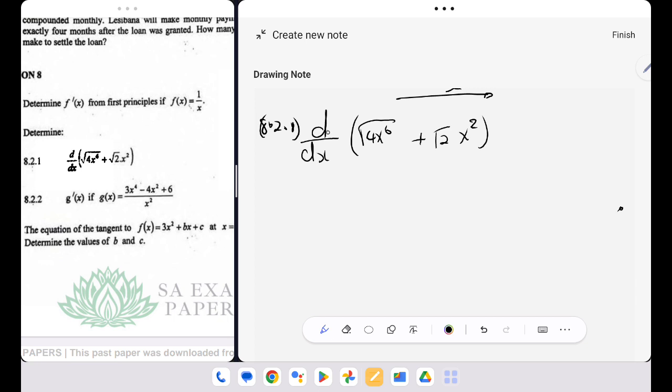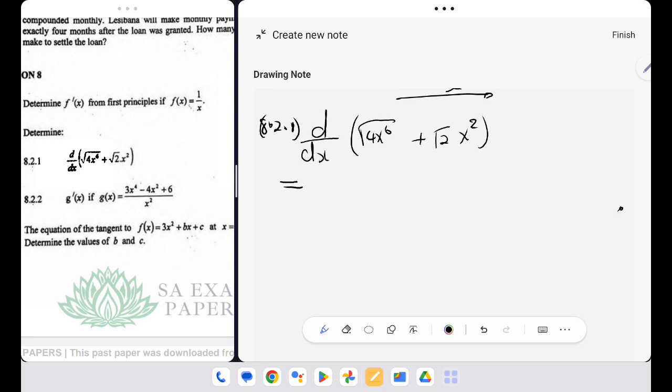So this thing here tells me to derive with respect to x. That means whenever I move to my brackets, I must derive everything that has x. And anything that doesn't have x is regarded as a constant, and the derivative of a constant is equal to 0.